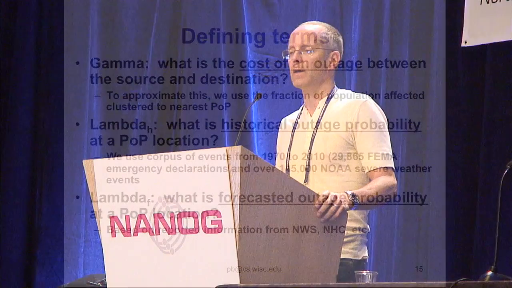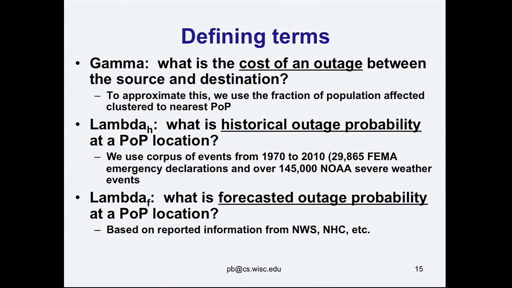Okay, so I'm going to define a couple of terms in the prior equation, and the terms are as follows. One is that we have, as I say, this number of bits sent, which is essentially the cost of an outage if an outage takes place. Well, we don't know the number of bits that are being sent over any particular link at any time.